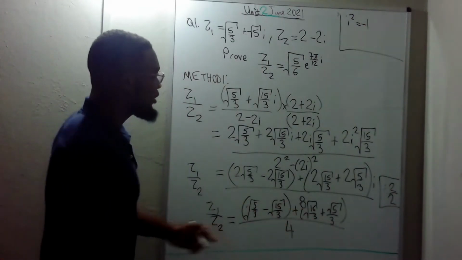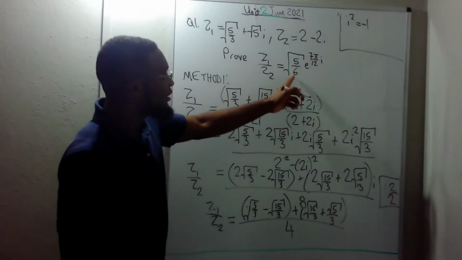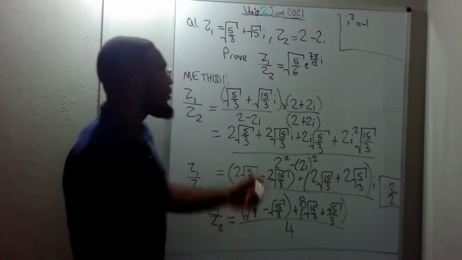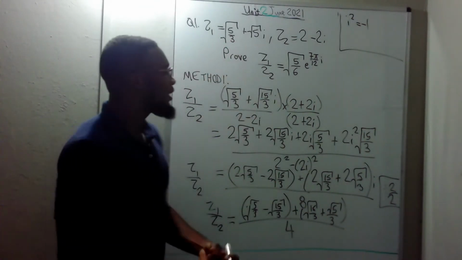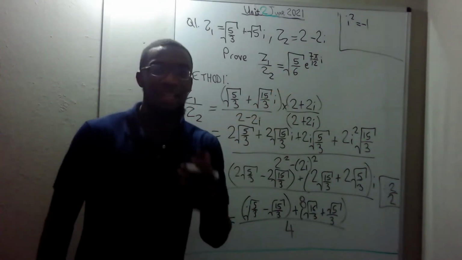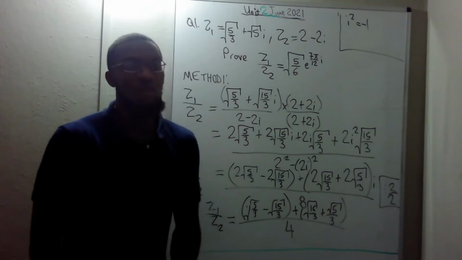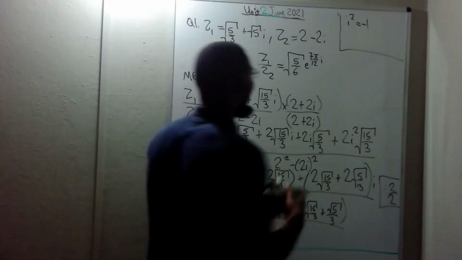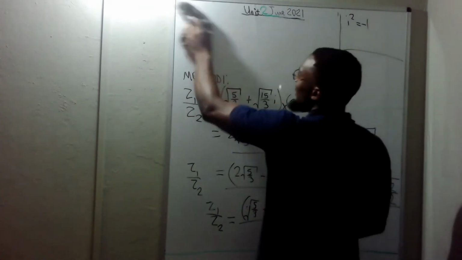Now, if we're trying to go from the standard form of a complex number to its exponential form, we need to remember the formula for R. Let me erase this.